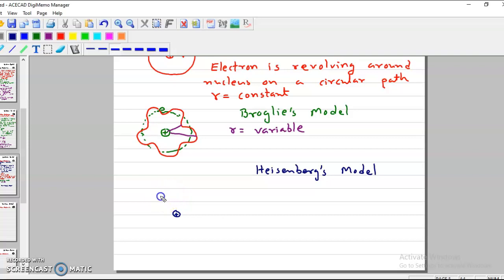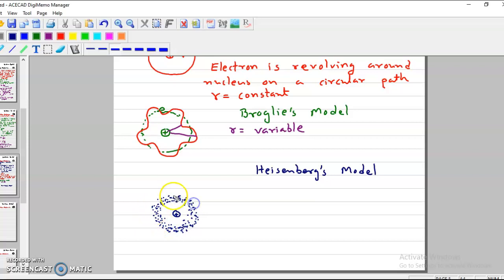So the electron can be anywhere around the nucleus, like this. So all these dots indicate the position of the electron at one time, and it is always changing. This position is not constant. Every time the electron is at a different distance from the nucleus. And this way the electron is continuously moving around the nucleus at different levels.